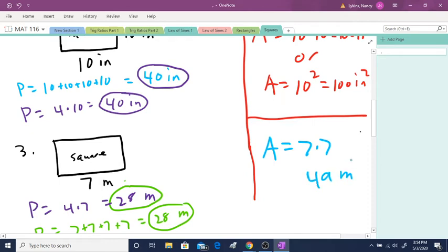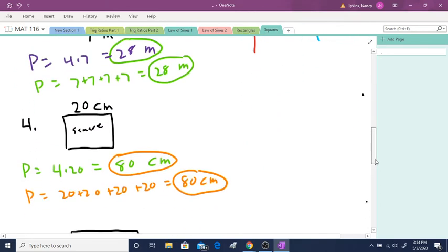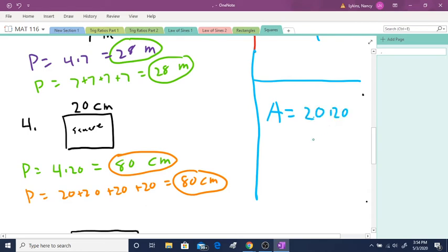And since I've got 2 meters, it's going to be meters squared. Now this is also a square, so I'm going to say area equals, this time it's 20 times 20. This is going to be a bigger number. So 20 times 20 is 400, and my unit's going to be centimeters squared.